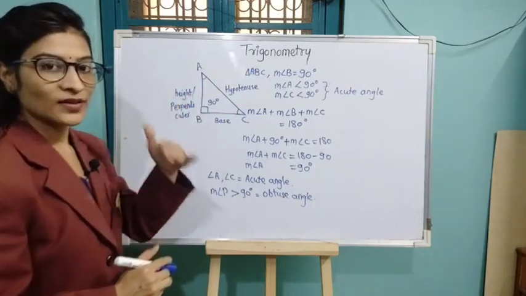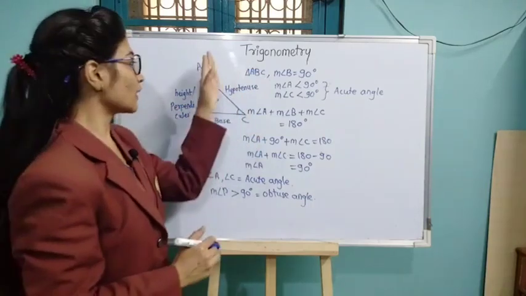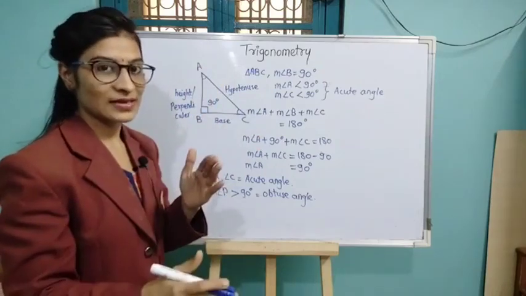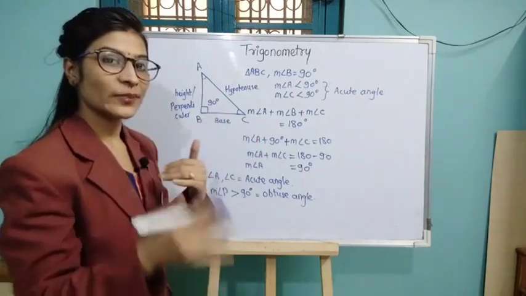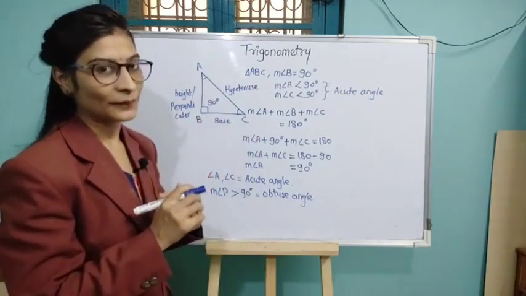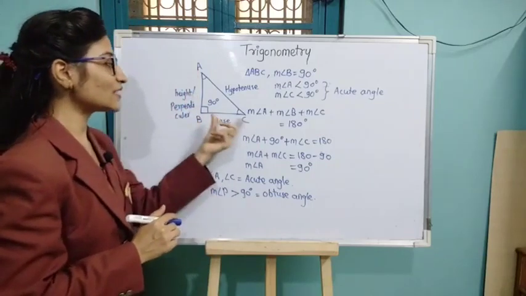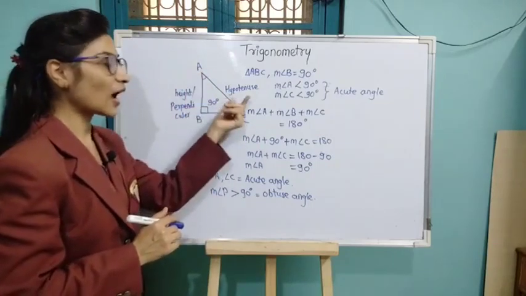You know very well what is meant by perpendicular: if a line makes a 90 degree angle after intersecting the baseline, then that line is perpendicular to the second line. So we consider AB as the perpendicular, BC as the base, and AC as the hypotenuse.